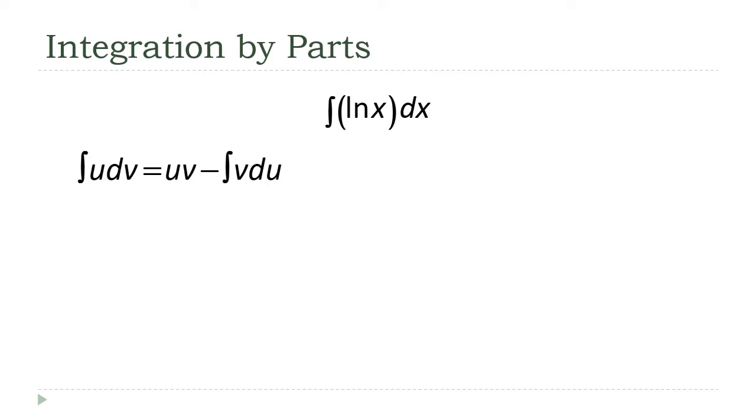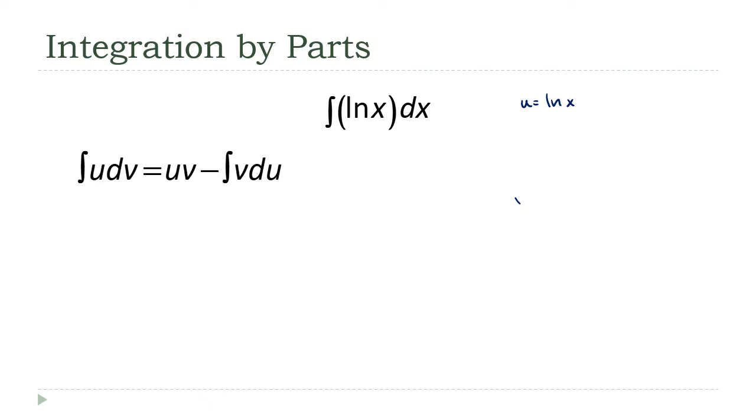Now, it may look kind of odd at first because there's not the usual two things being multiplied that we've seen in every other integration by parts example. But here's what I'm going to do. I'm going to let u equal the log of x.